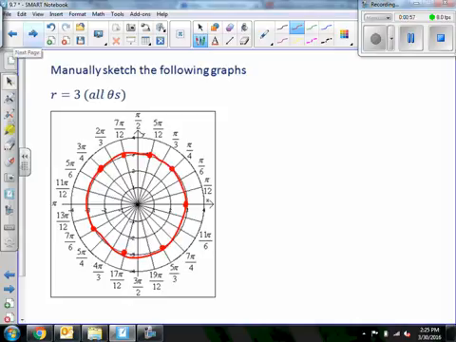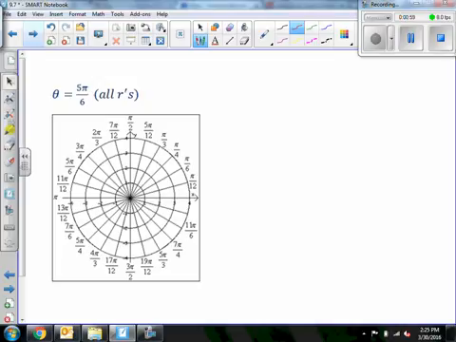Our other option for just basic graphs is when theta is set. So here, theta equals 5 pi 6. It doesn't matter what r is, theta is 5 pi 6. So r could be positive 1. Theta is 5 pi 6. R could be positive 3. Theta is still 5 pi 6. It could be 4. It could be 2.